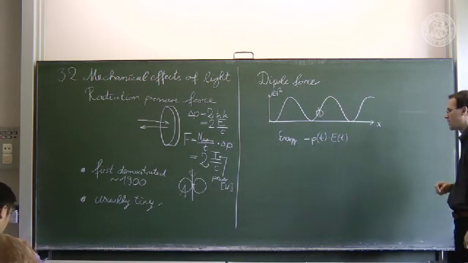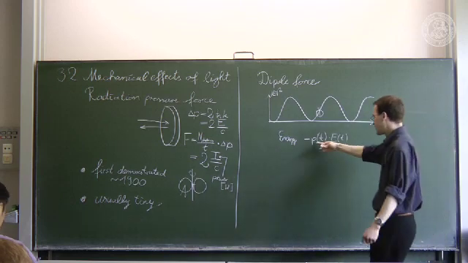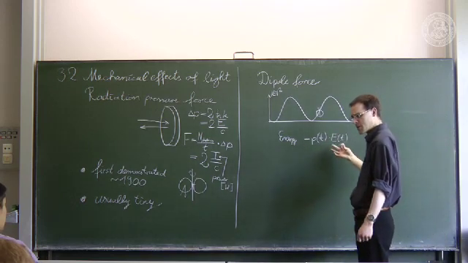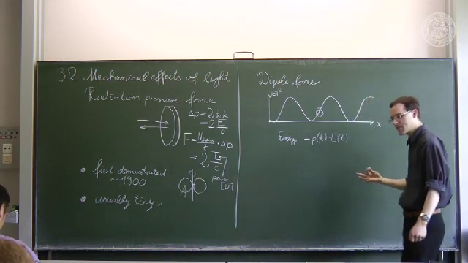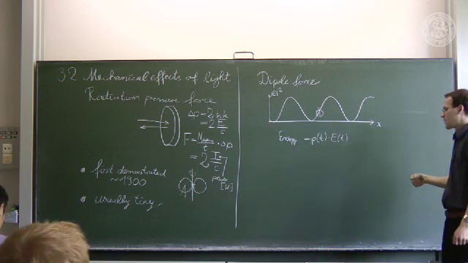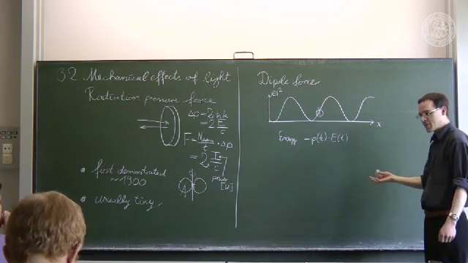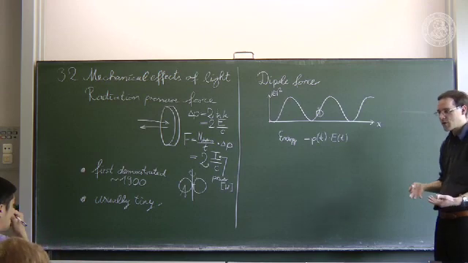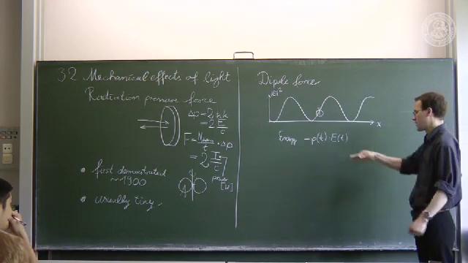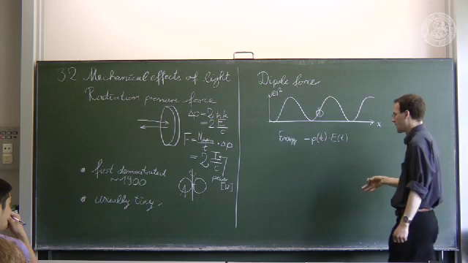But the dipole moment itself is proportional to the electric field, with some proportionality constant that is determined by the polarizability of the object at the particular frequency of the light wave.